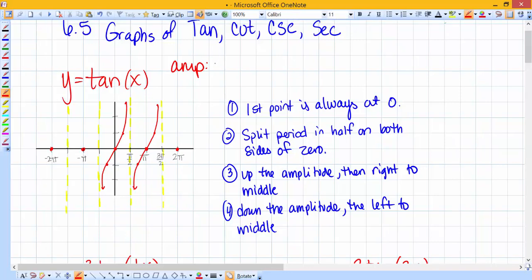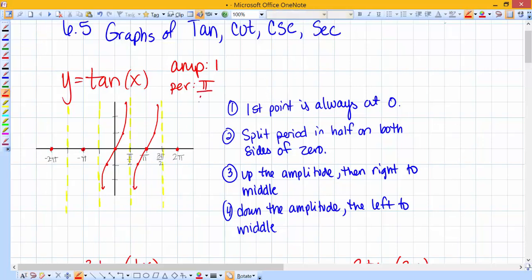So here our amplitude is 1. There's a coefficient of 1. And that's my main point as I'm going around this circle. It's going to change as the radius of the circle changes, but my amplitude is 1. And the period is pi. Each tangent cycle lasts 1 pi.